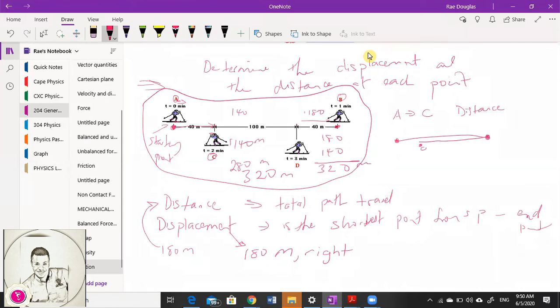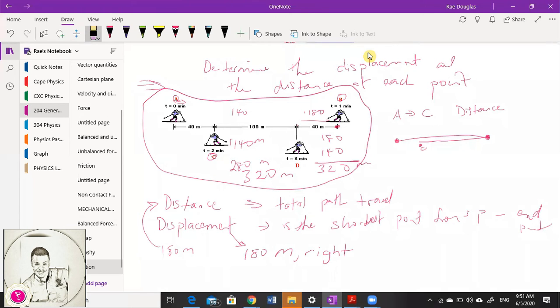Now, in regards to the displacement, that is the shortest distance, so to speak, from the starting point to the end point. So he ended at C. So you now need to look at where's going to be my starting point, where's going to be my ending point. What's the distance between those 2 points? And from this, what do you think that's going to be? Sir, what is the shortest point, sir? Wouldn't it be the 140?